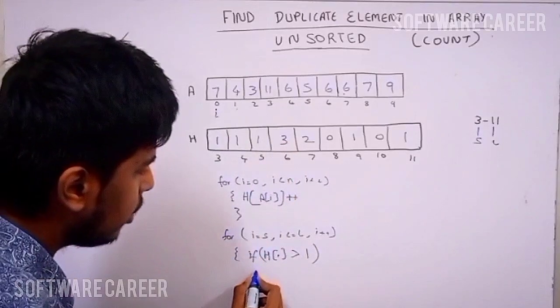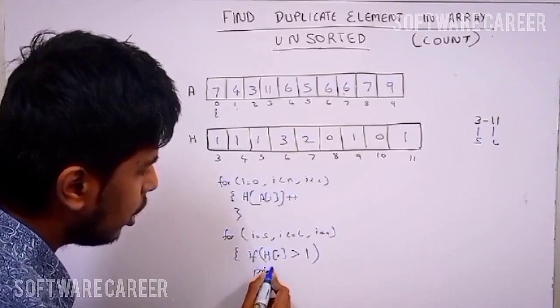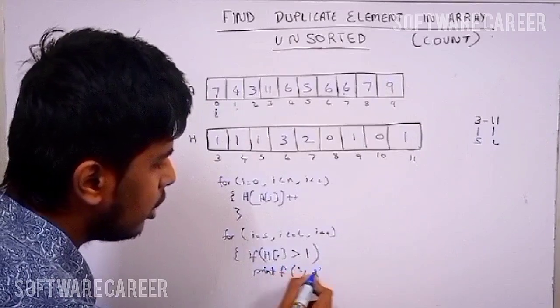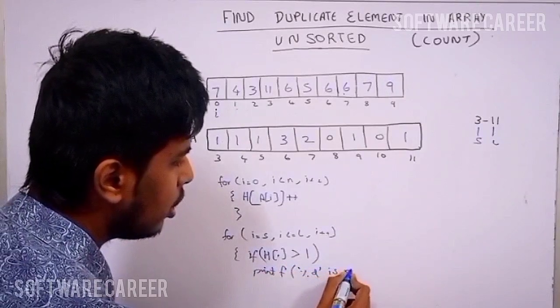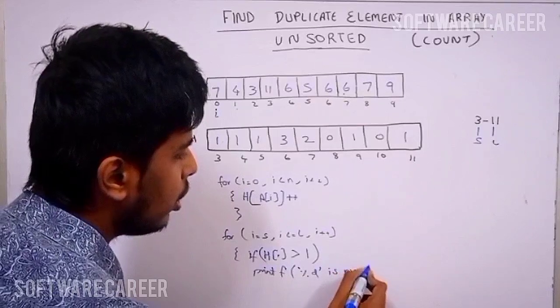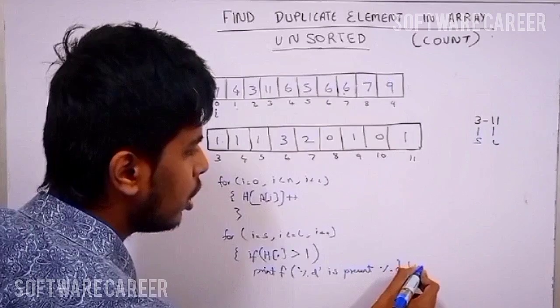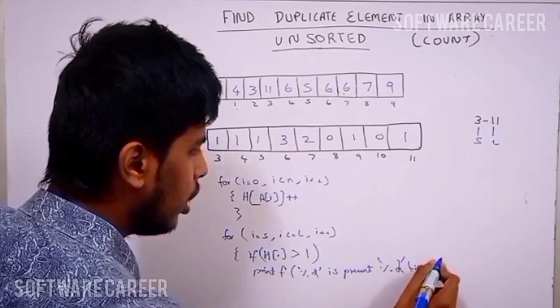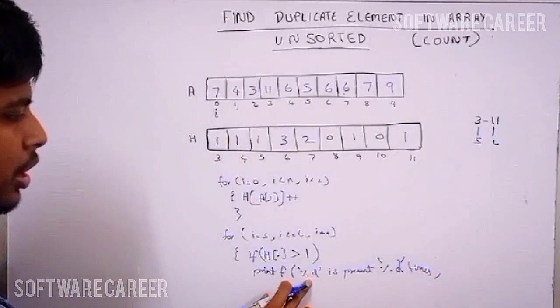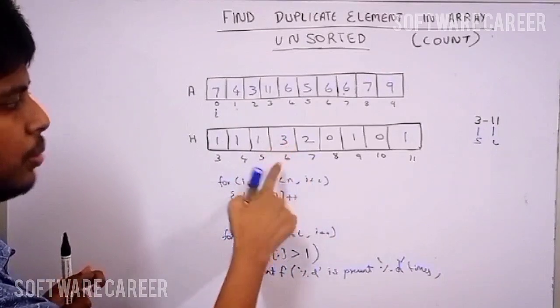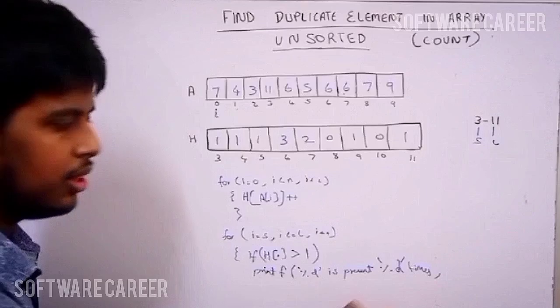So you should print, see, I am printing printf percentage d is present percentage d times. Now what is this percentage d? This is i. See, 6 is present 3 times, so this 6 is i.